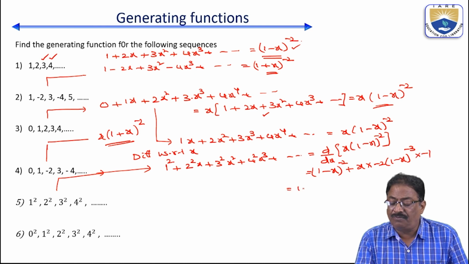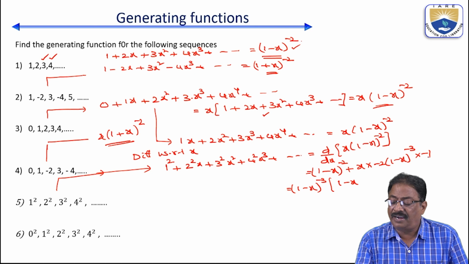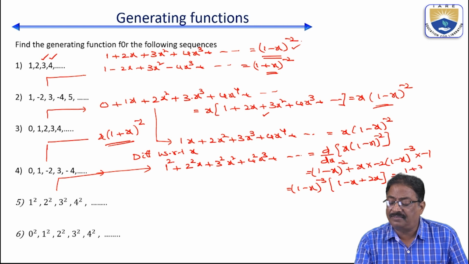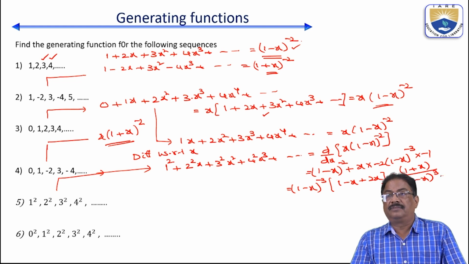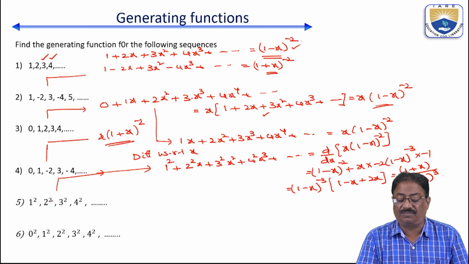Taking 1 minus x whole to the power of minus 3 as common, it is 1 minus x plus 2x, so this is 1 plus x by 1 minus x whole to the power of 3. This is the generating function for this sequence.